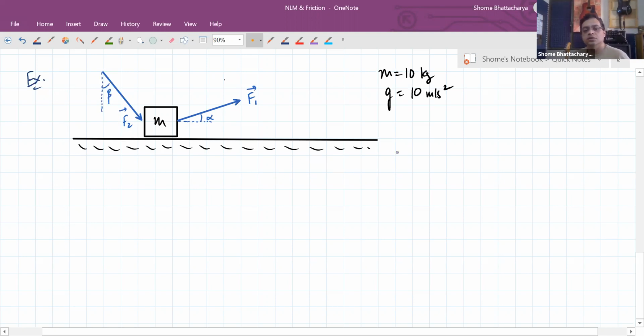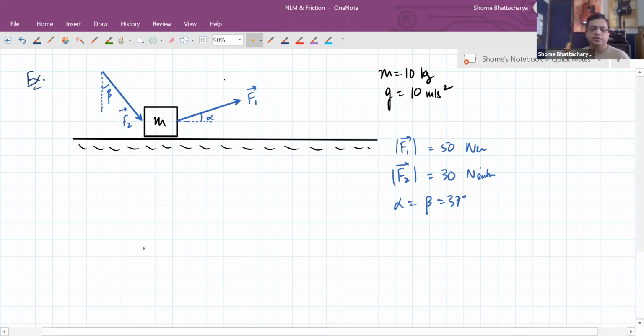Suppose it's given to us that the magnitude of F1 is equal to 50 newtons. The magnitude of F2 is equal to 30 newtons. And alpha and beta are both an angle of 37 degrees each.